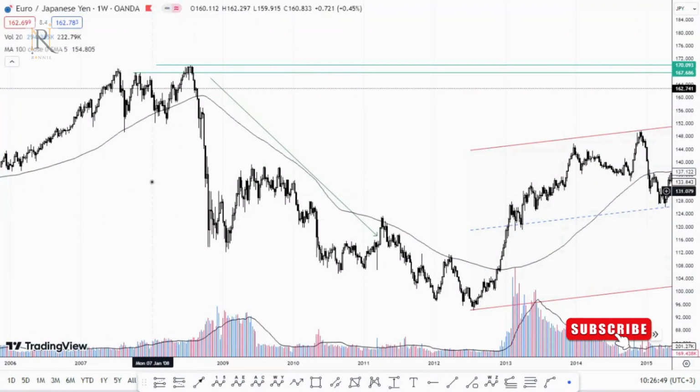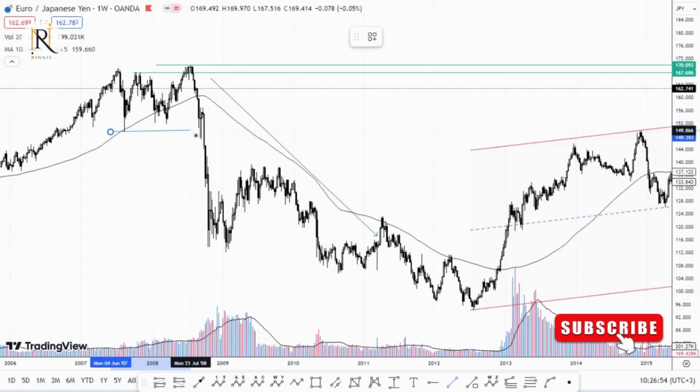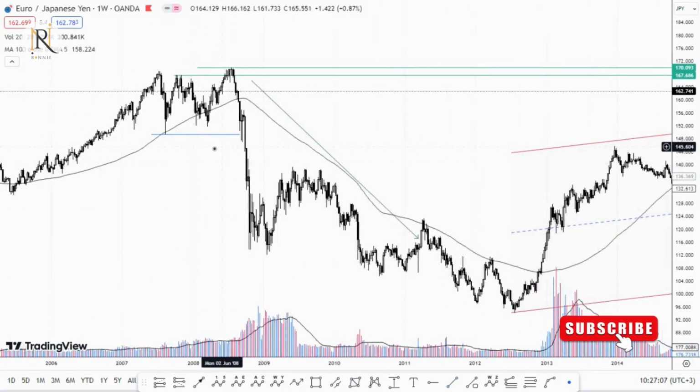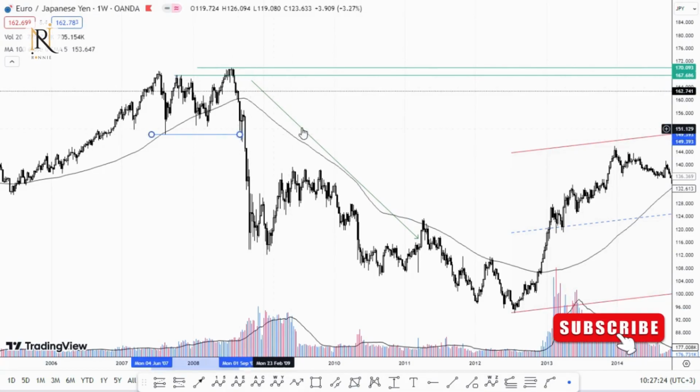Remember, this is a weekly time frame, and this was the first time this market took out this weekly swing low. Market took out this weekly swing low around 2008. We haven't yet seen market come back to trade at the supply of this weekly time frame.